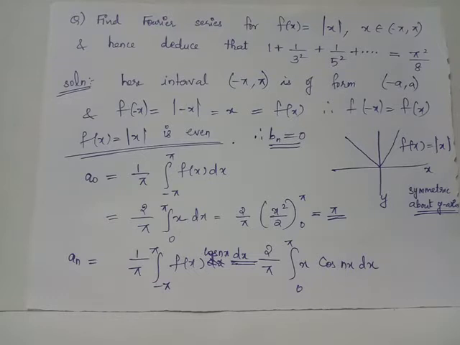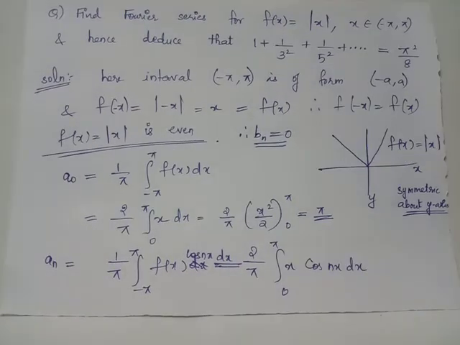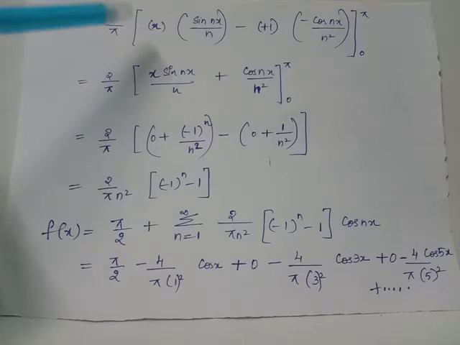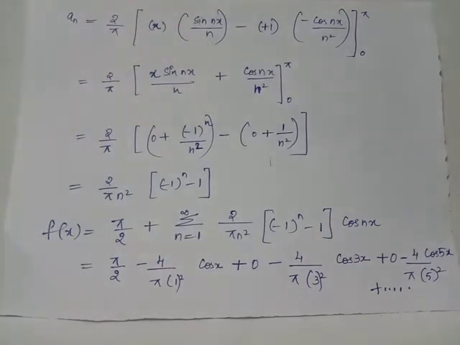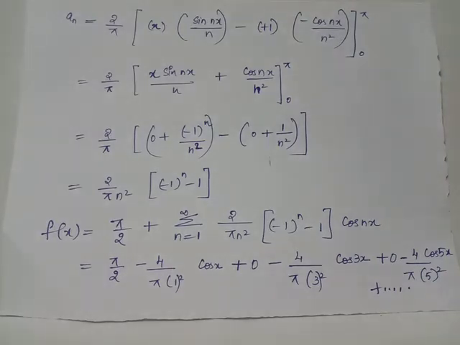We have f(x) = x in the range 0 to π. In order to perform integration, we can make use of integration by parts, treating x as the first function and cos nx as the second function. First function into integral of second function minus derivative of first function into integral of this function is written here. Since the derivative of x becomes 1 and then 0, we will stop the process of integration by parts here.